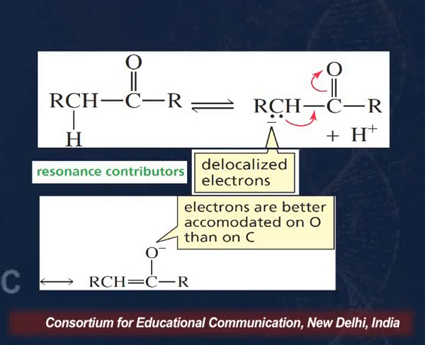Since they are in conjugation, resonance takes place. When resonance takes place, there is a double bond between carbon and carbon, and the pi electrons of the CO bond are pulled towards oxygen, since oxygen is more electronegative, as a result of which oxygen has a negative charge. So the second contributing structure is more stable.